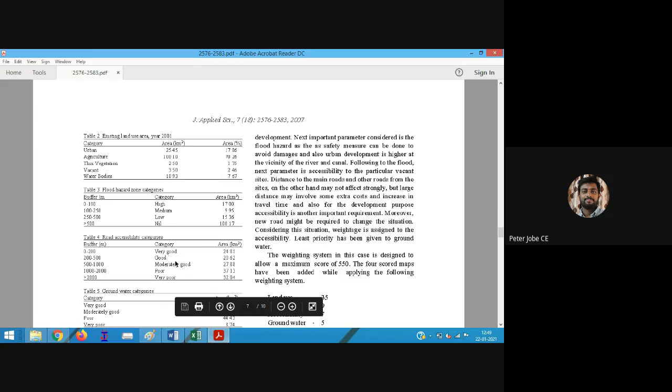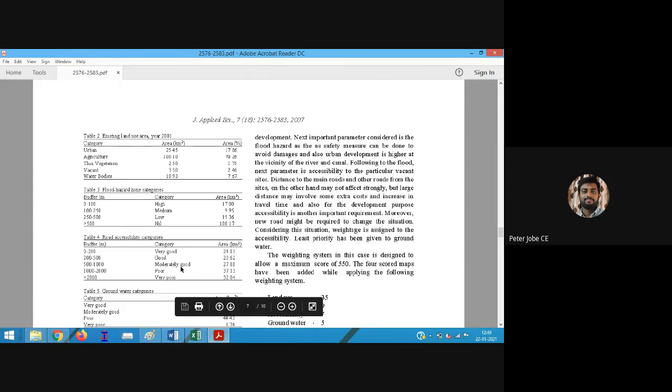And for road accessibility, those areas having very good road accessibility. So you can see how the buffer zone is defined here. If a place is within 200 meters from the main district road, it will be categorized as a very good road accessible area. And if that particular area is between 200 to 500 meters away from the major district road, it will be categorized as an area with good road accessibility.